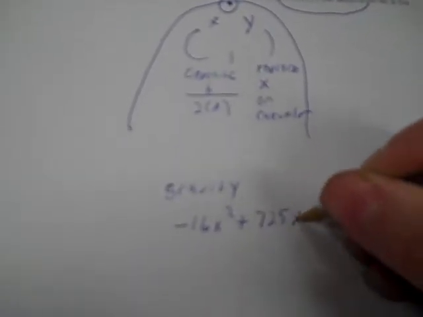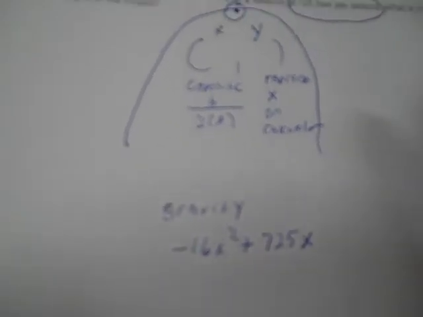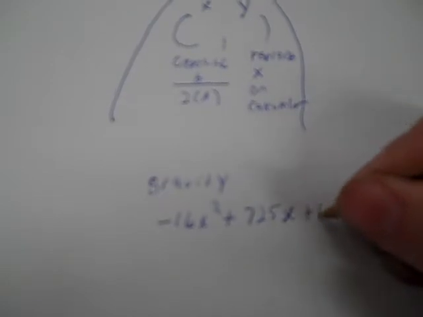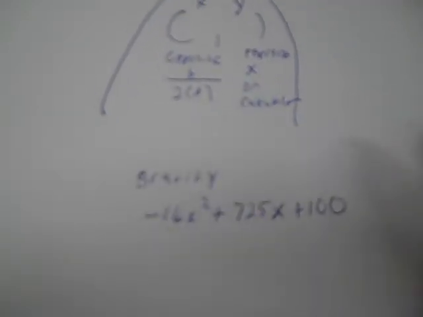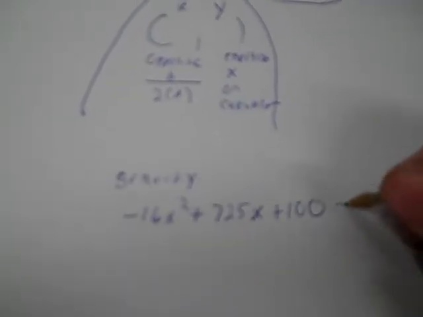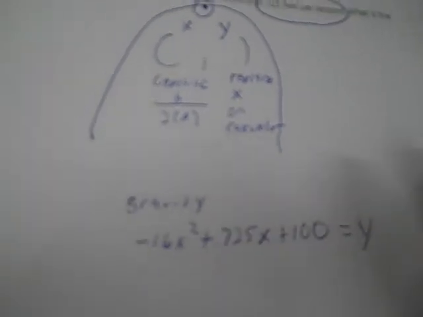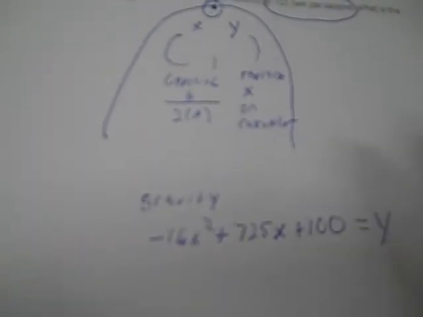That is 725, so 725 is my feet per second. Now it's per second, so it needs x connected to it. And I need to add the 100. It doesn't have a variable because it's not per second, it's just feet. And then we equal that out to y. Okay, pretty easy enough to write the equation.